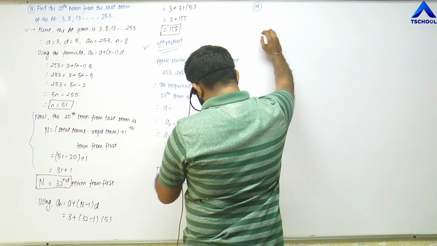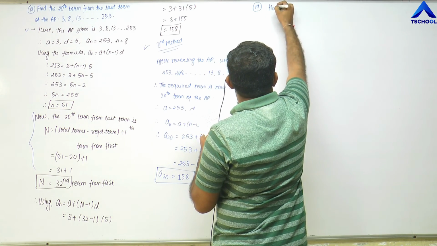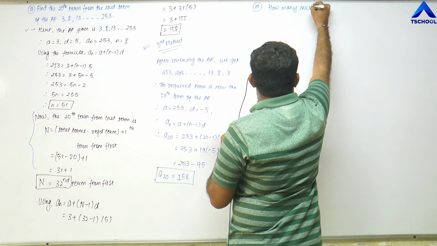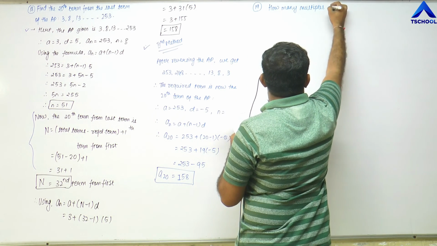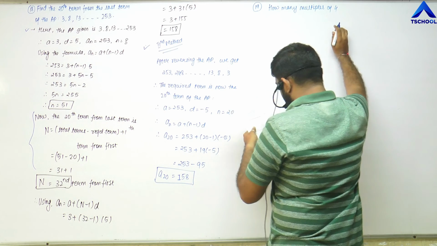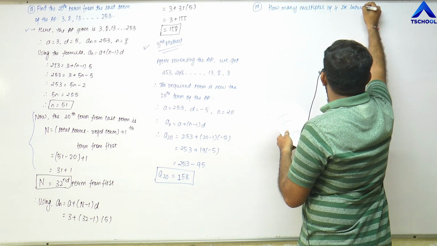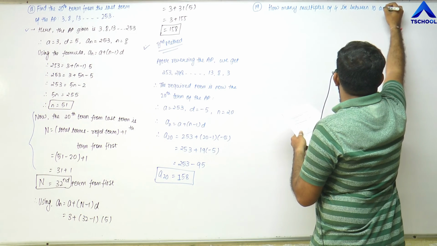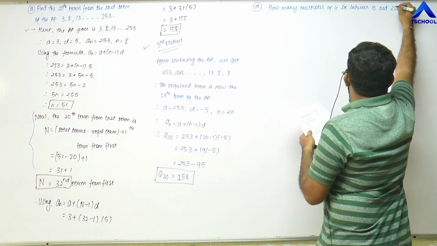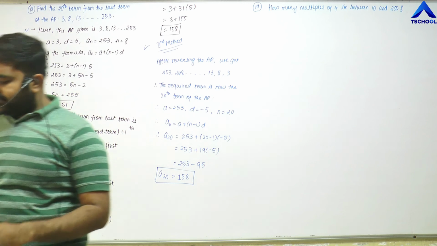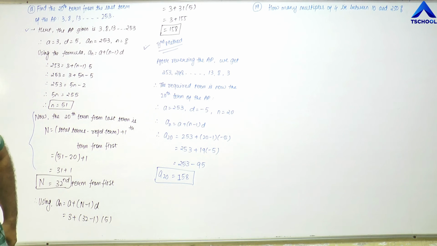The question is, how many multiples of 4 lie between 10 and 250. So lie in between 10 and 250 is given, right?